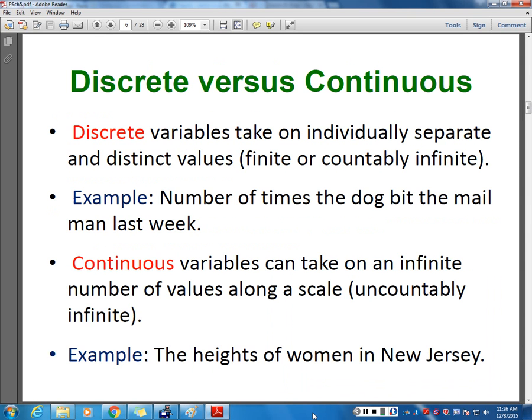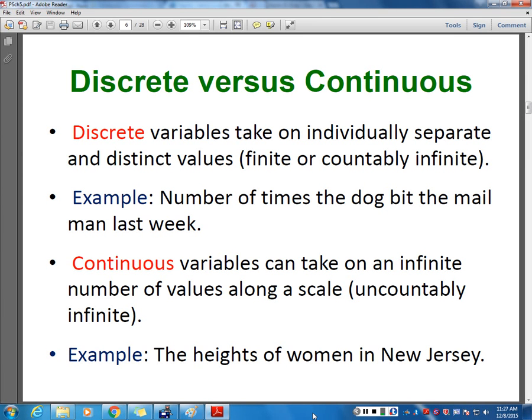Also, to review the difference between discrete and continuous variables. Discrete variables take on individually separate and distinct values, and they're finite or countably infinite. For example, the number of times your dog bit the mailman last week is a discrete number, either 4 or 5, not 4.5678942.